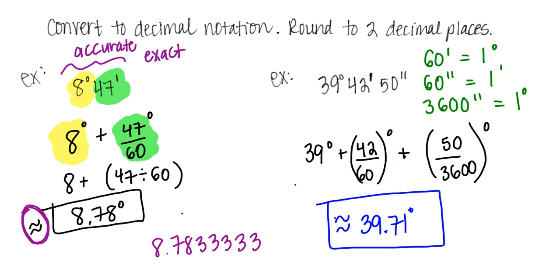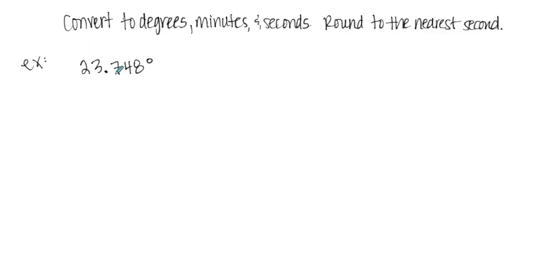Now we can also go backwards. We can be given decimals and go back to degrees, minutes, seconds. So let me show you how we do this. We've got 23.748 degrees. Now I know that I've got 23 degrees, but I need to know how many minutes and how many seconds I'm going to have.